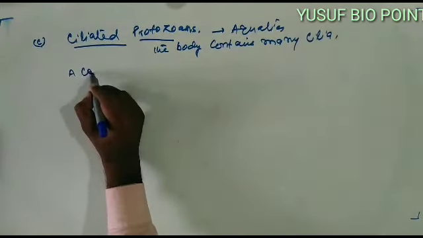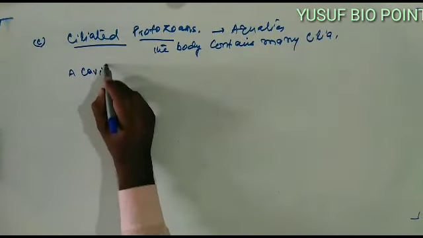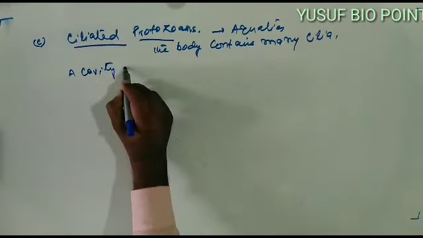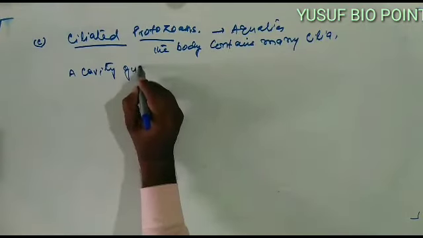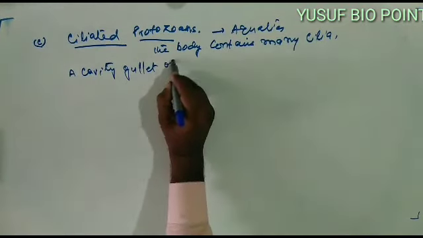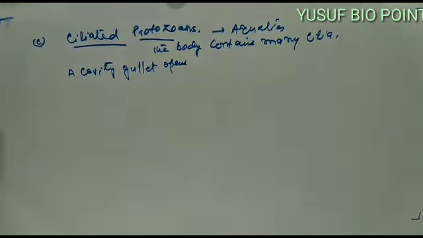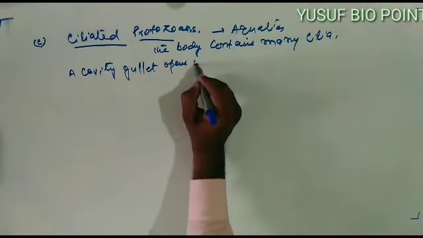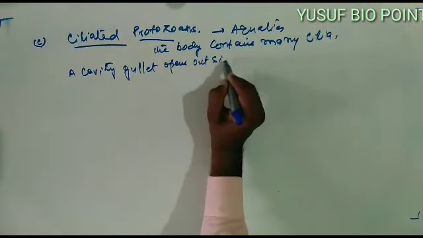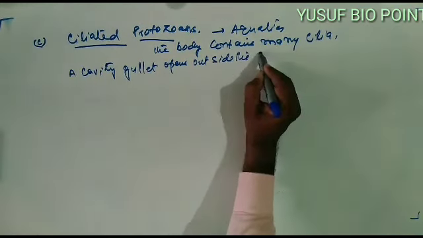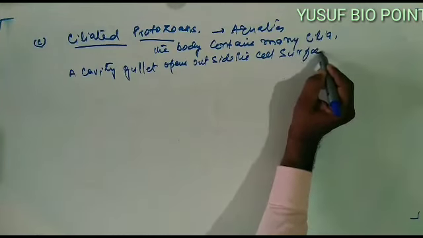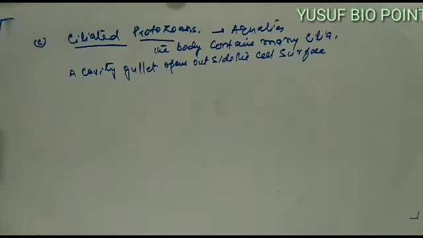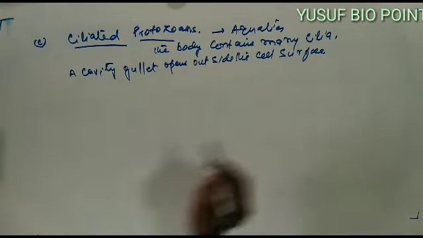A cavity, the gullet, opens to the outside at the cell surface.